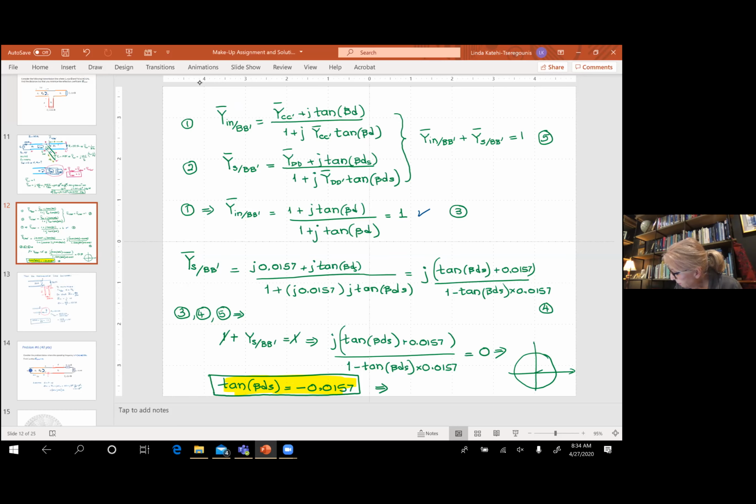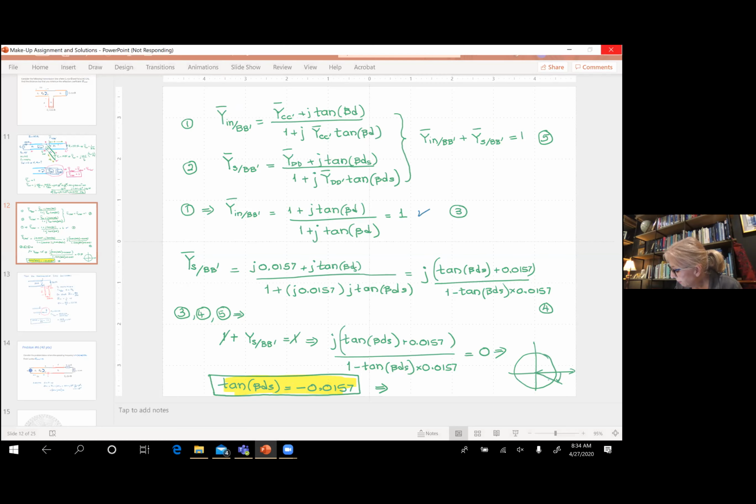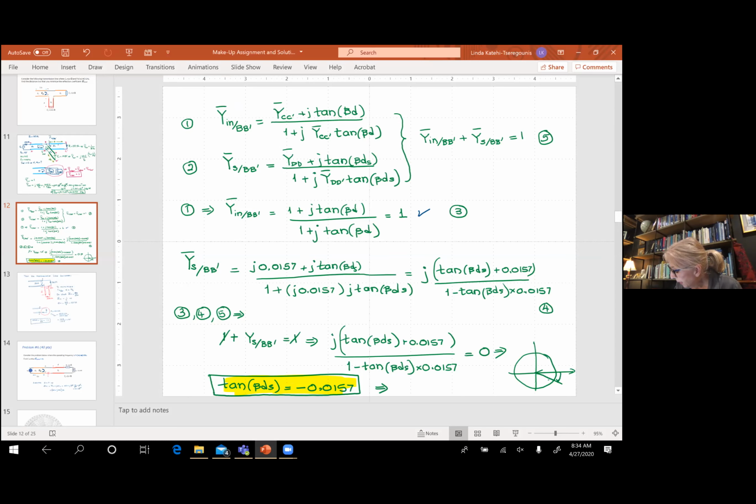For the tangent to be negative, you can be down here, where your cosine is positive and your sine is negative, or it can be up here, where your cosine is negative and your sine is positive. So it's either this one or this one. So it's plus π, not plus 2π. In the βds, it's plus π.